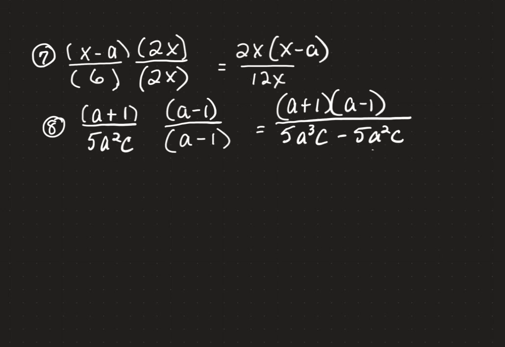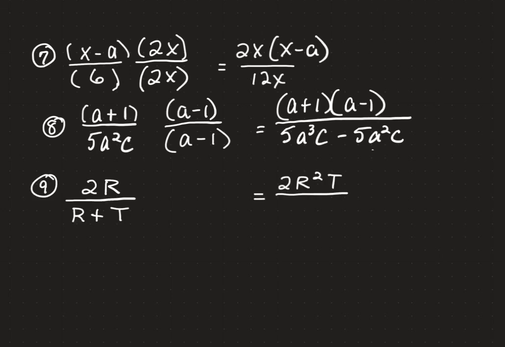Is it possible to find the denominator of an equivalent fraction if you are given the numerator and an original fraction to work from? I'm glad you asked. The answer is yes. Just take a look at example 9. What do we have to multiply 2r by to get 2r squared t? Well, the answer is rt.